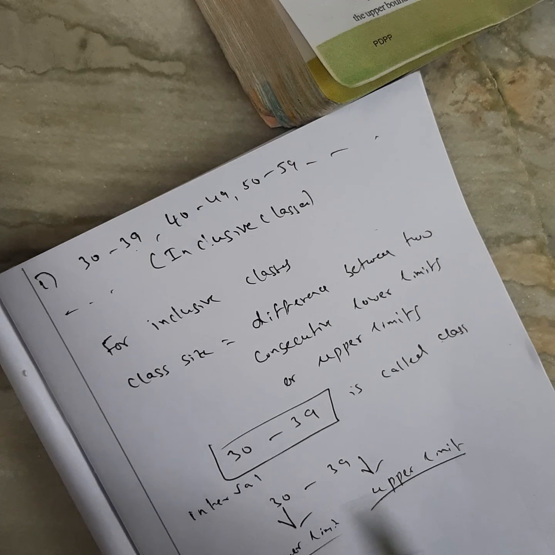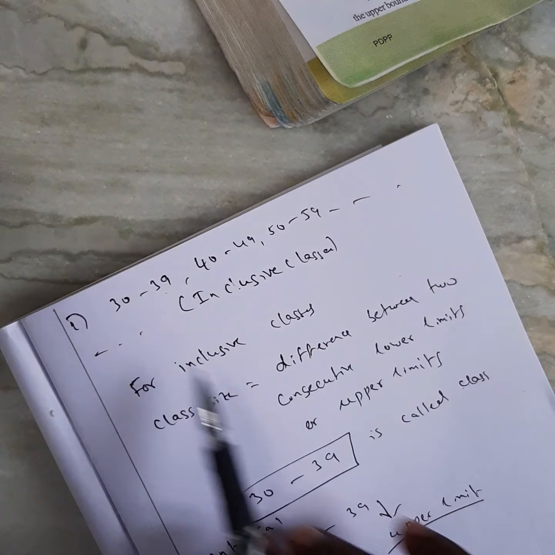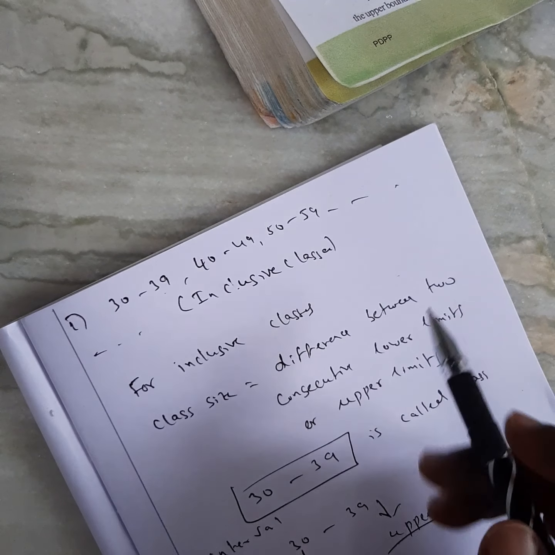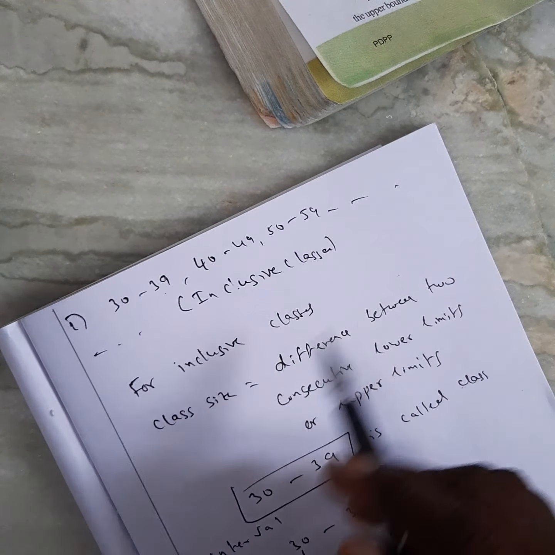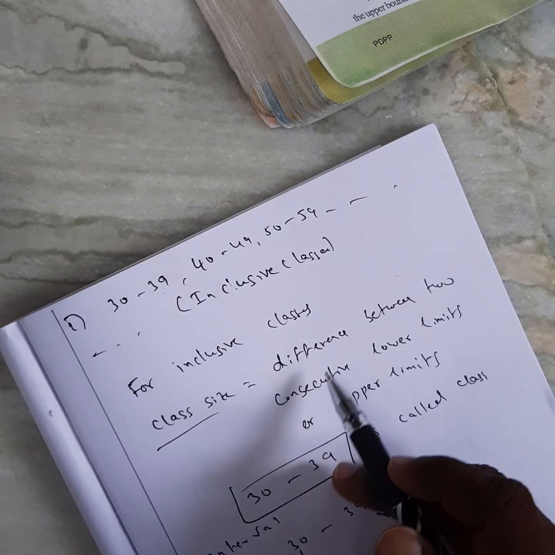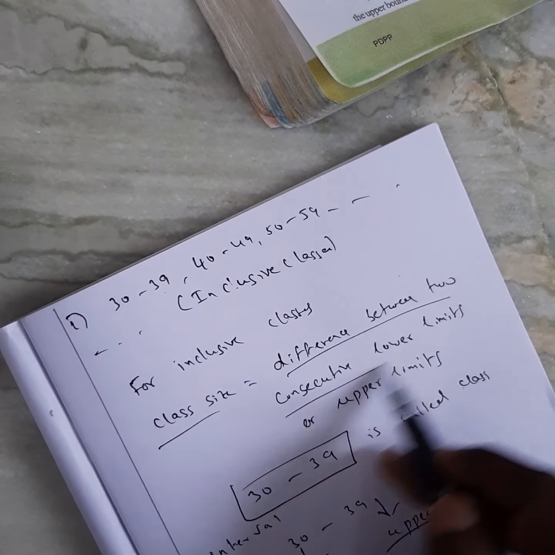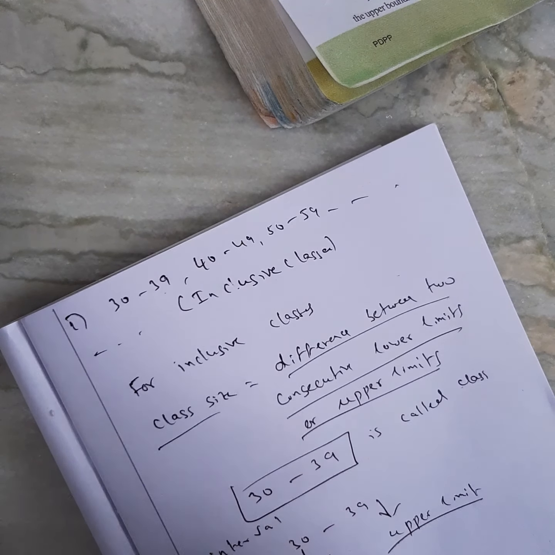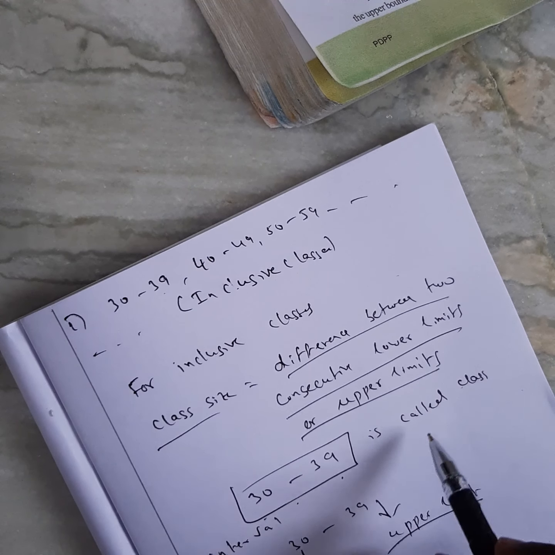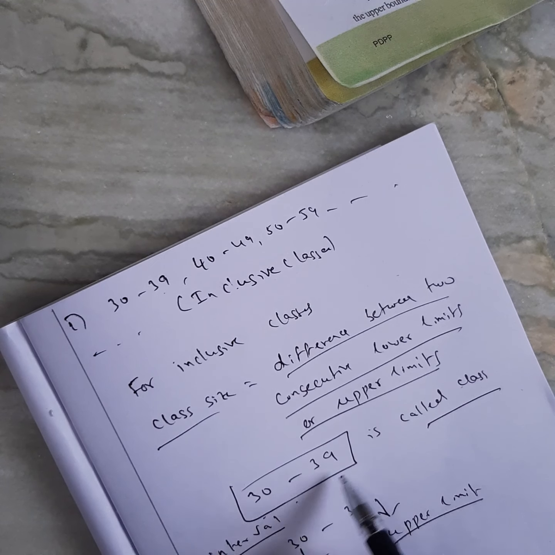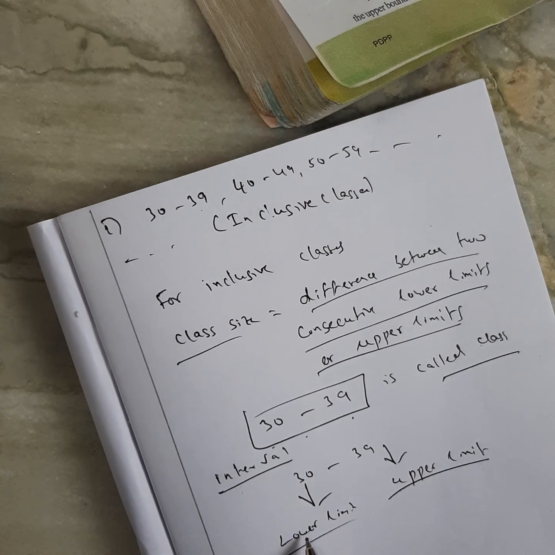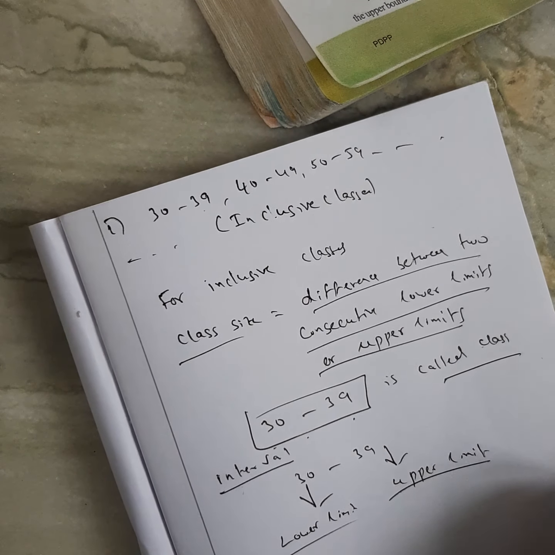So children, this is 30 to 39, 40 to 49, 50 to 59, and so on. These are called inclusive classes. For inclusive classes, class size is equal to the difference between two consecutive lower limits or upper limits. So 30 to 39 is called a class interval; 30 is the lower limit and 39 is the upper limit.